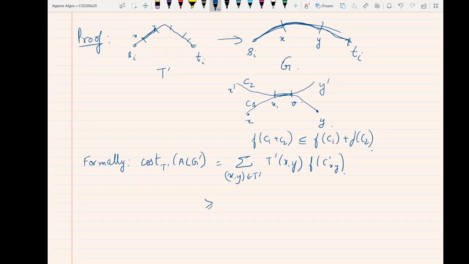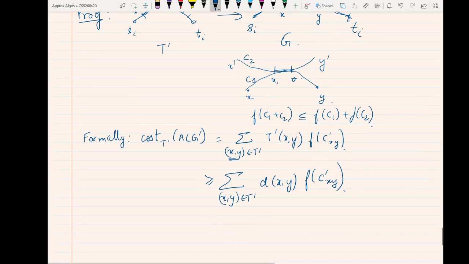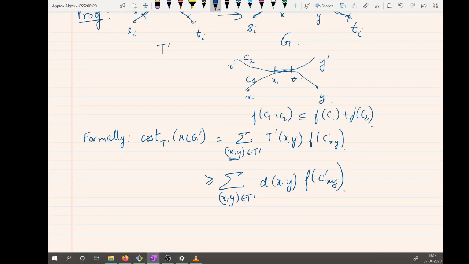Now this is greater than or equal to, and this is by the metric property, the distance between xy, and this distance is in the graph, because the distances in the tree dominate the distances in the graph.